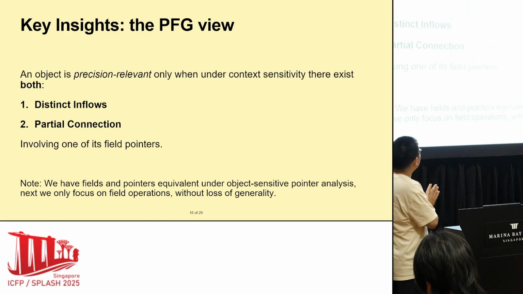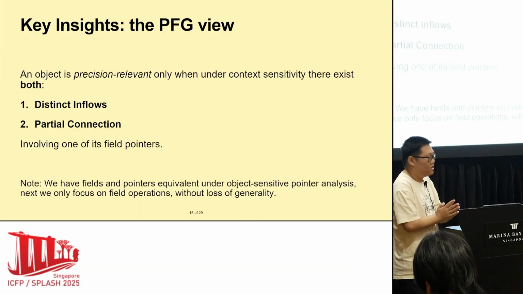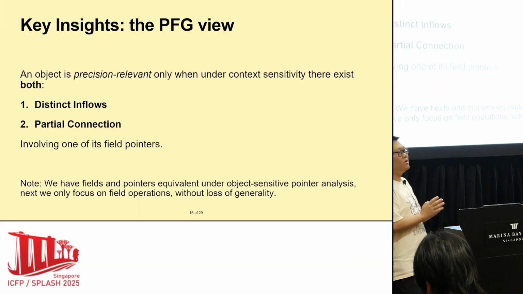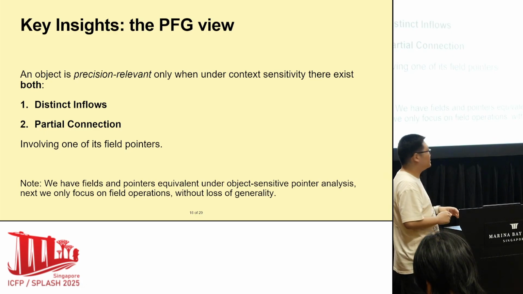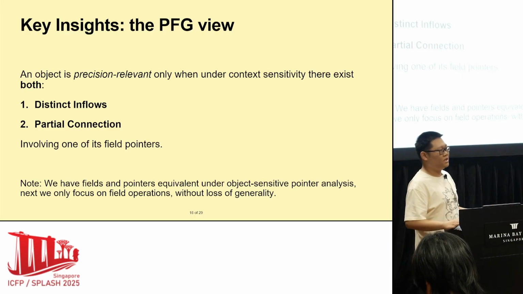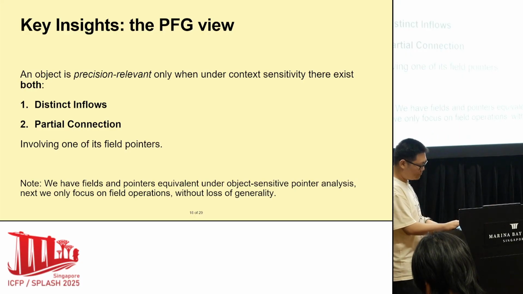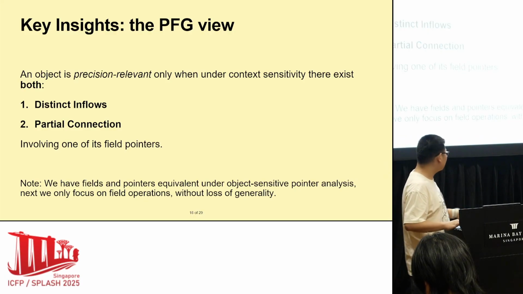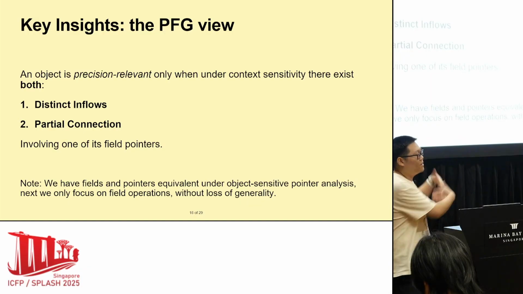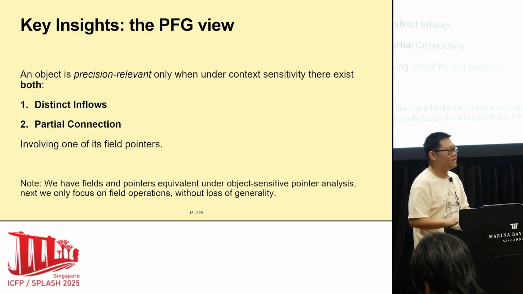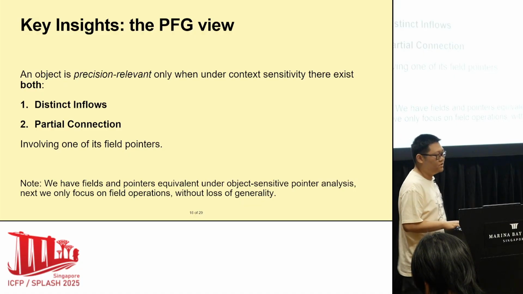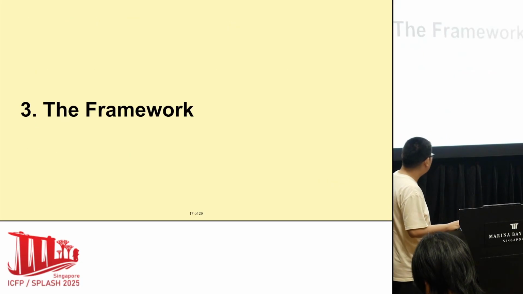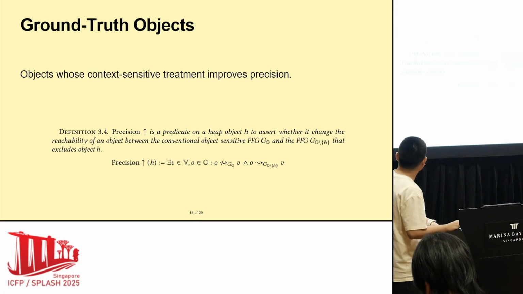So we can basically conclude our key insight: an object is procedure relevant if, and only if, under context sensitivity there exist both these two key structures involving one of its field pointers. And note that fields and pointers can be seen as the same under object-sensitive analysis. So next we only talk about the field operations without loss of generality. I'll talk about the framework next.